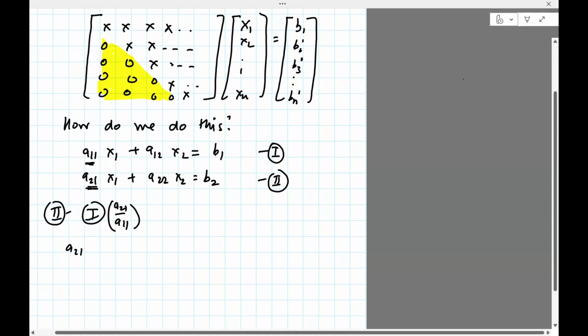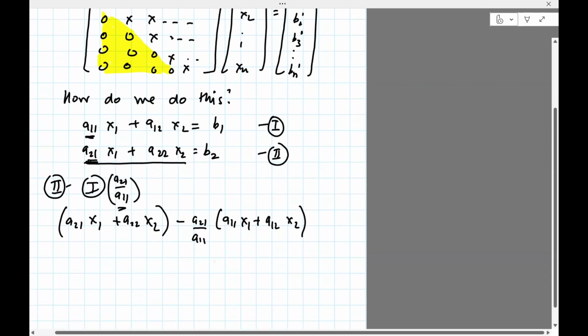So a21, I'm just going to write it down as it is over here. So a21 x1 plus a22 x2. This, I just wrote this down as is, equation 2, minus a21 a11, that is this part, minus, times the first equation. Okay, so that's in the left-hand side.